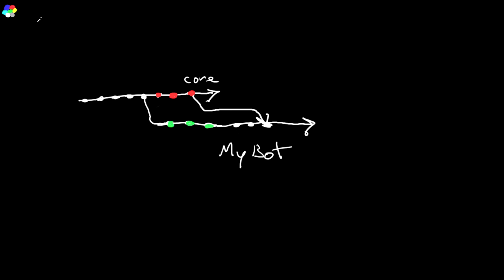You want to sync with the remote repository, pulling all these commits into your local core branch. Then you want to create a branch off of core, and we'll just call this my update.